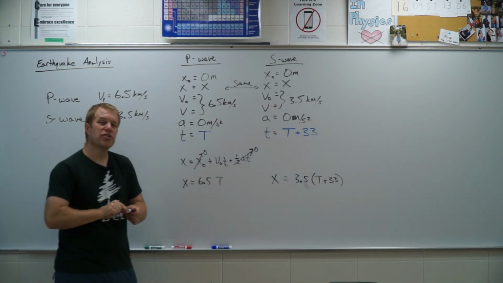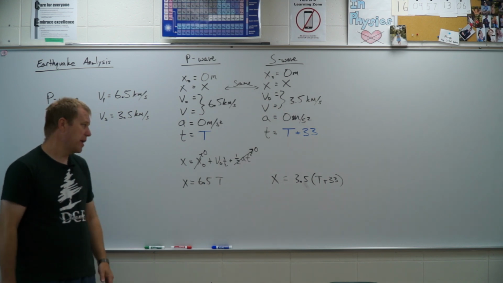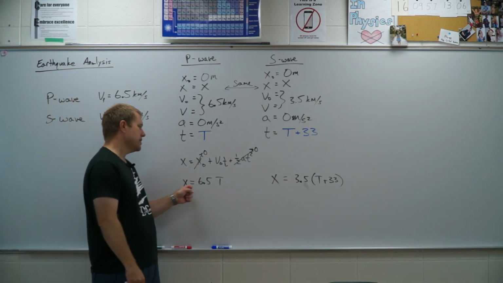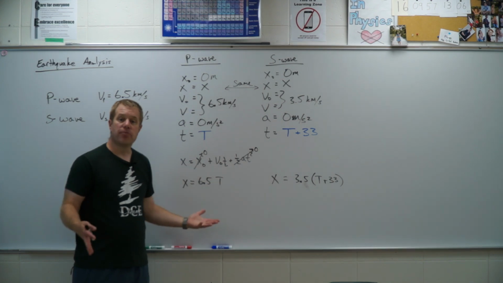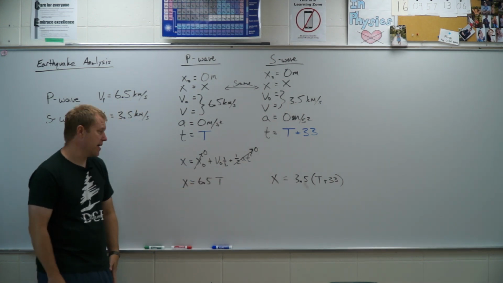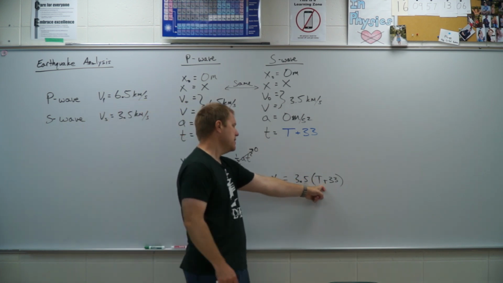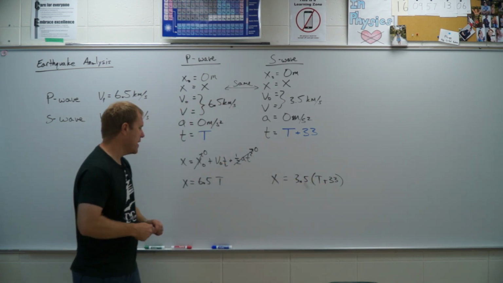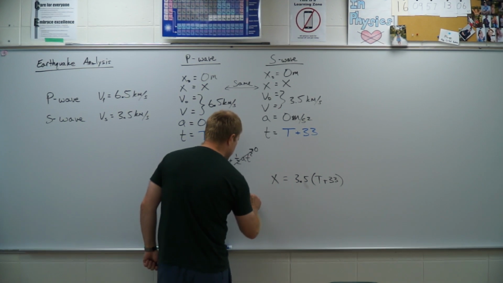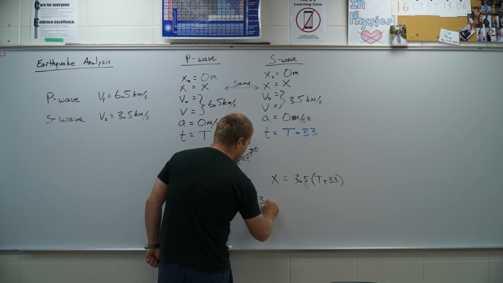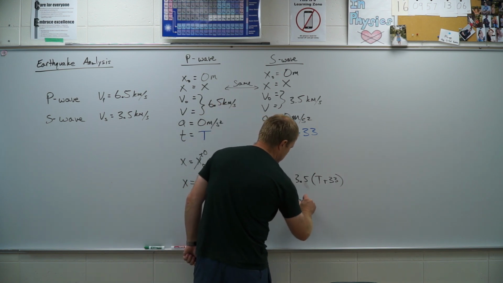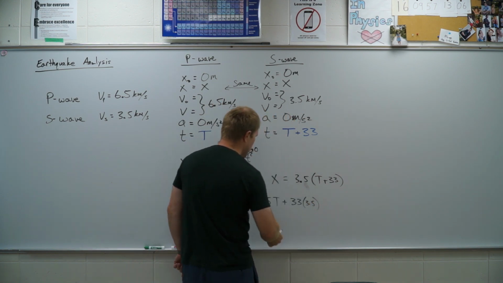I have two equations, two unknowns, so that means I need a system of equations. So the easiest way to solve this system is just to set them equal to each other, solve for t, and then plug that time back in here and solve for x. I could also plug that time back in here and solve for this x since they are the same. So let's go ahead and do that. So I have 6.5t is equal to 3.5t plus whatever 33 times 3.5 is.